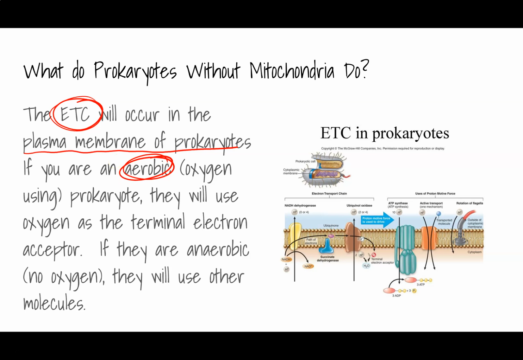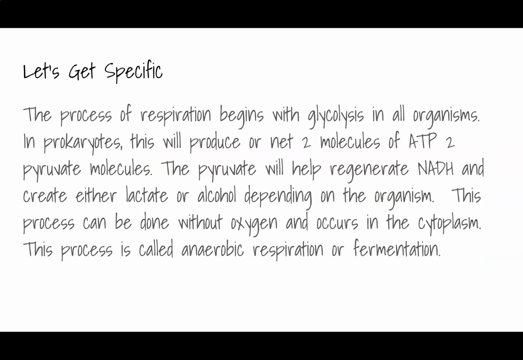But in the world of anaerobic bacteria, they're going to figure out other ways around it. The chance of you seeing anything like this is slim. But if you look at the picture here, we got our ATP synthase, we got hydrogens, we got pumps, we got it all going on there. But again, I can't imagine they're going to get too deep into the prokaryotes. There's only going to be 2 questions on your test, so really how much can they get into it?